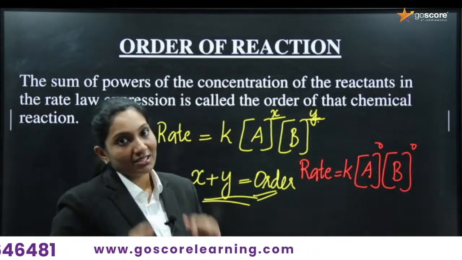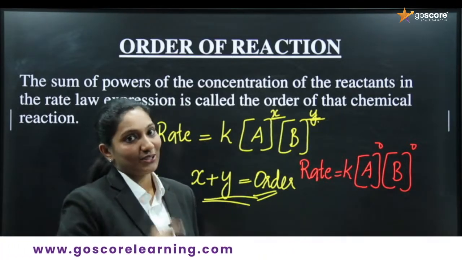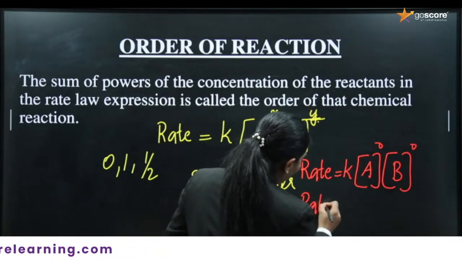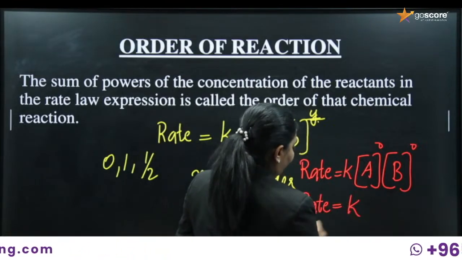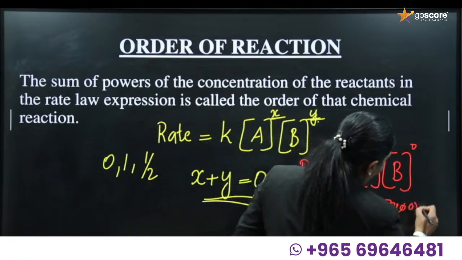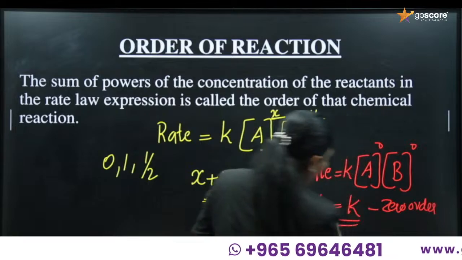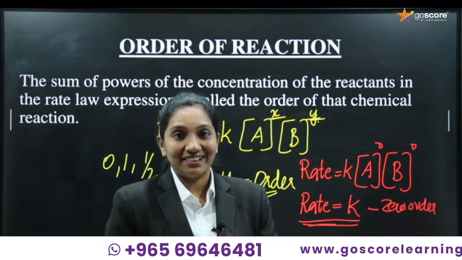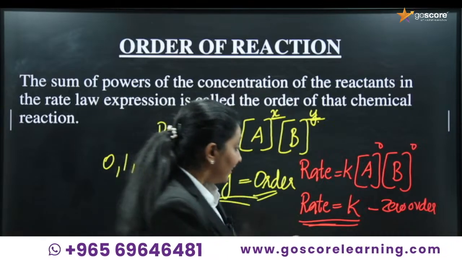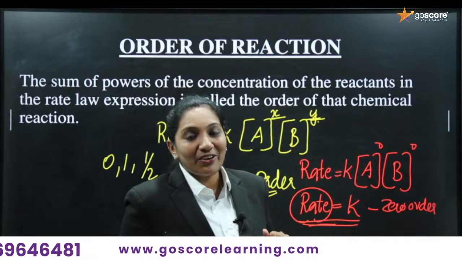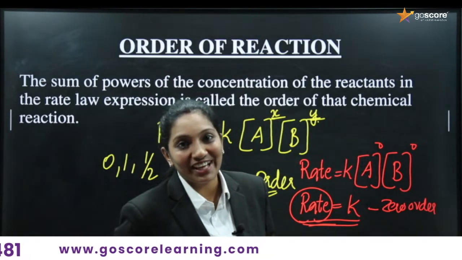Any number raised to power 0 is unity, 1, right? So rate is equal to K. This is for zero order. So we can say that a zero order reaction is a reaction in which the rate of the reaction does not depend on the concentration of reactant.